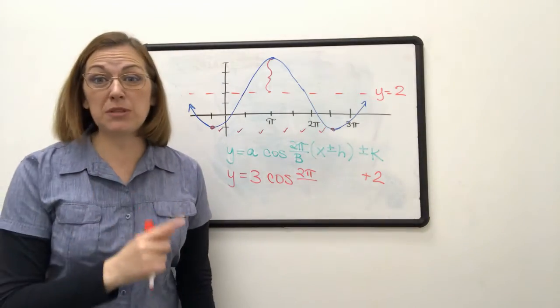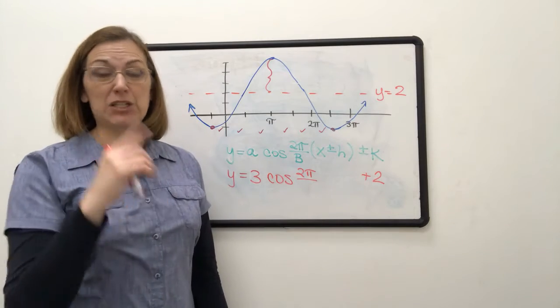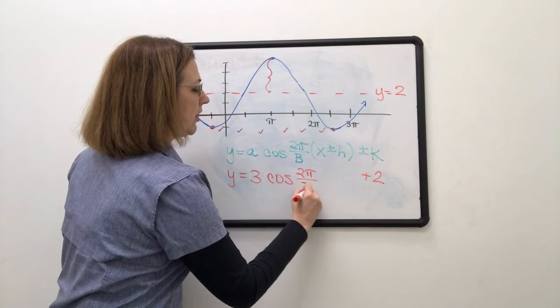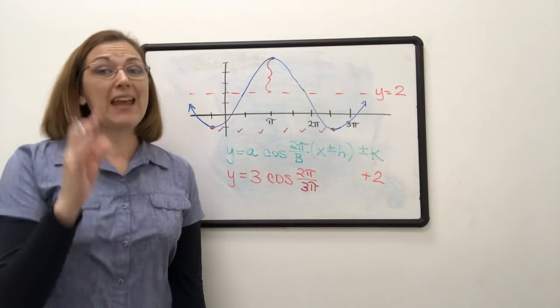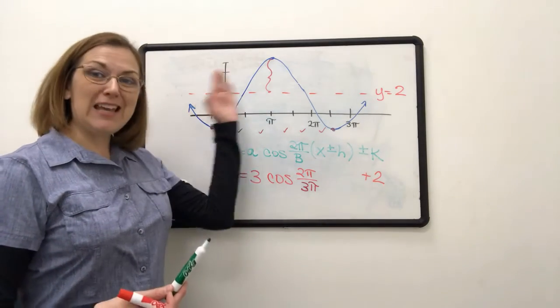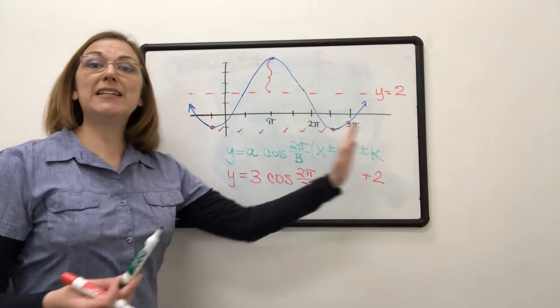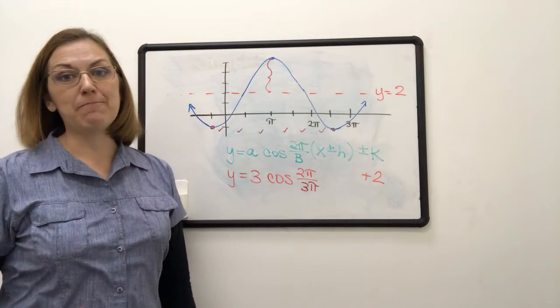So that tells me my period here is 3 pi. So I'm going to put a 3 pi down there for my b value. Again, that b value is my period, and I have to count from either hill to hill or valley to valley in order to get that. And we'll simplify here in just a moment.